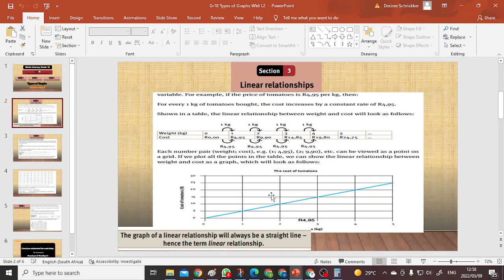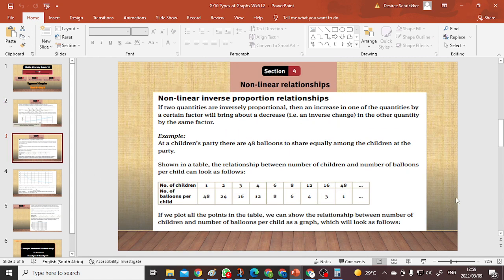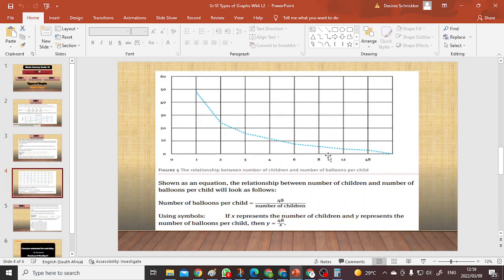So if you look there, I show you a linear and directly proportional graph. Okay, that is going from left to right, a straight line. Then here I show you an inversely proportional graph, a graph that is coming down from the left corner to the right corner, it's decreasing, right?